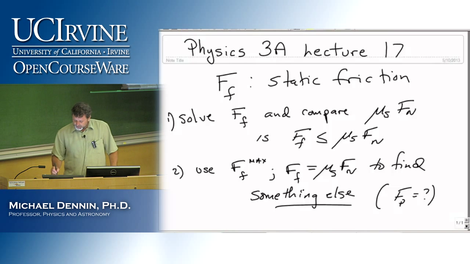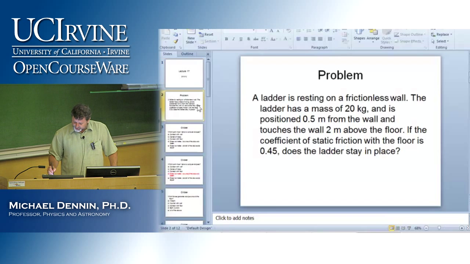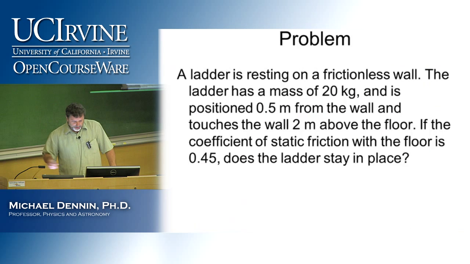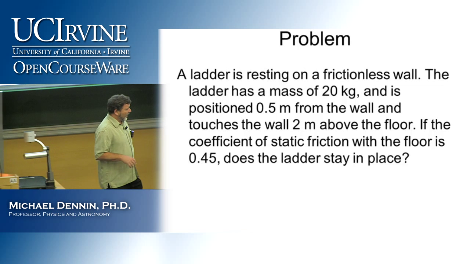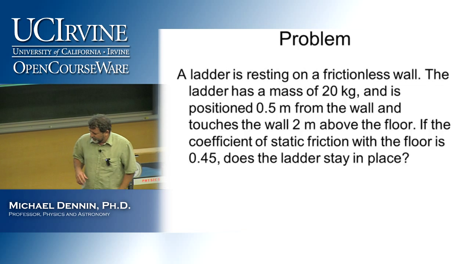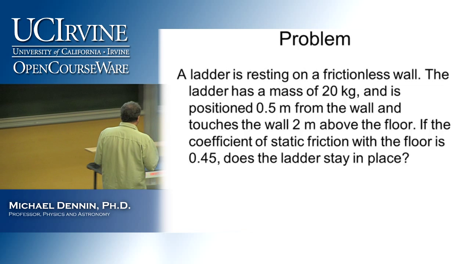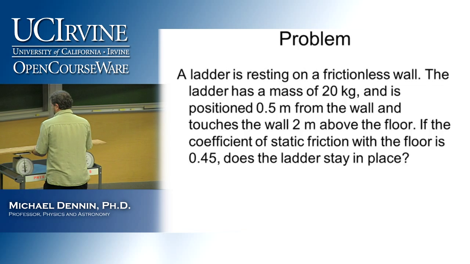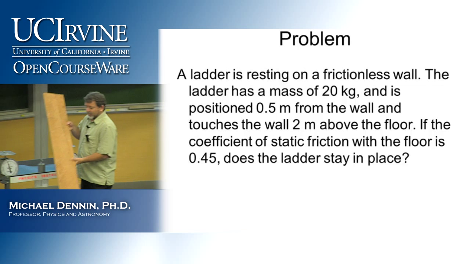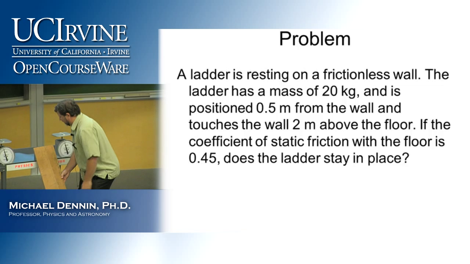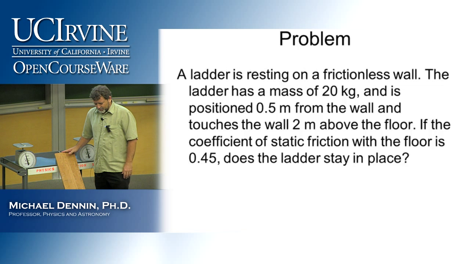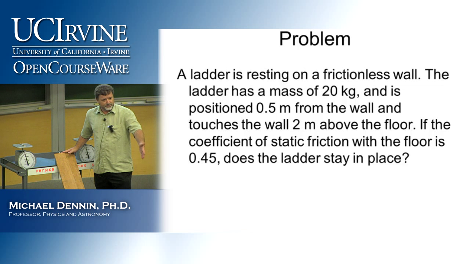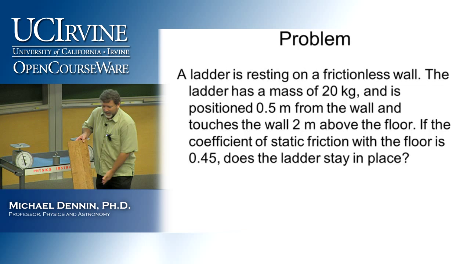So we have two main classic problems to do today. The first is a ladder. And the idea is, whether or not the ladder will stay up. So if this is my ladder, you can imagine the ladder leaning against the wall and then trying to climb up my ladder. And at some point, it might slide, right? That's what you don't want to have happen.